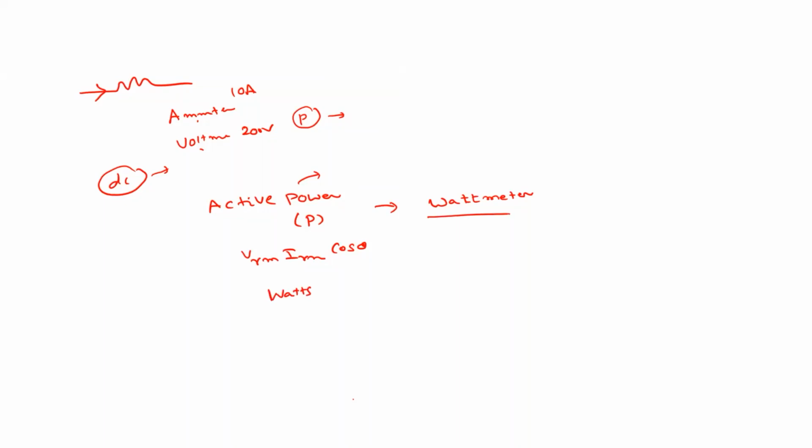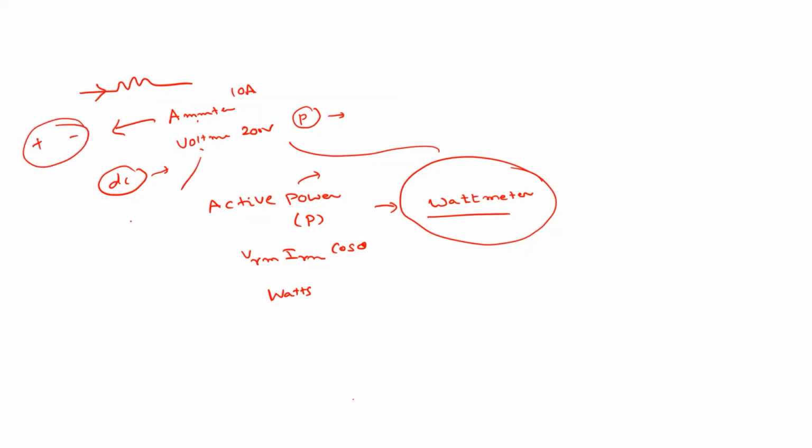So how exactly will it be? Here you are measuring the power, so you must measure the voltage and current, right? So here you have a meter. Similarly, if you have an ammeter, you have two terminals, positive and negative. Similarly for a voltmeter, positive and negative. These meters can be DC meters or AC meters.